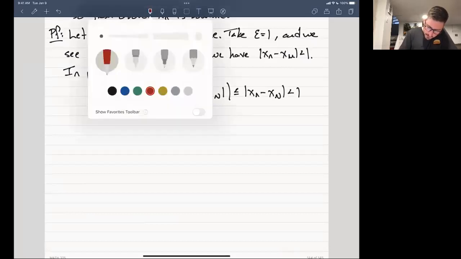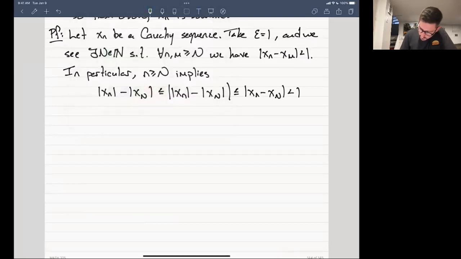This last implication here, maybe I'll put it in green, is from Cauchy. These other ones are just by understanding what the absolute value is doing. So if you need to, pause right there and try to think that out.